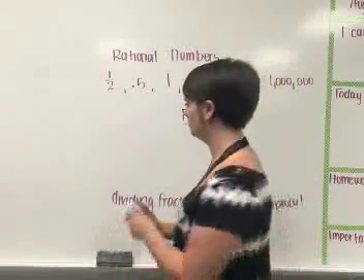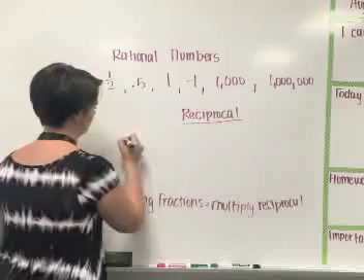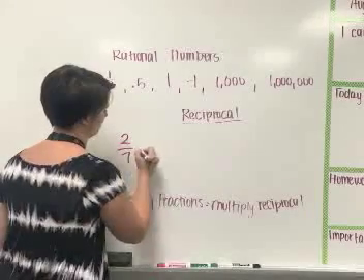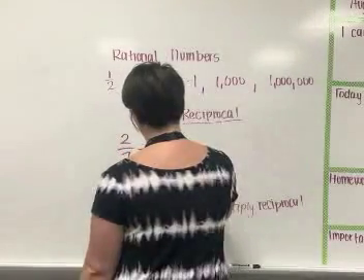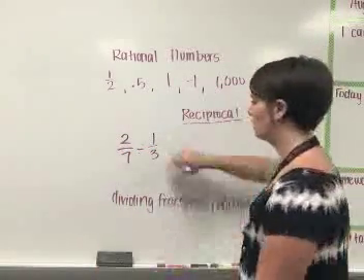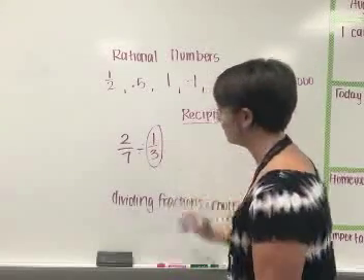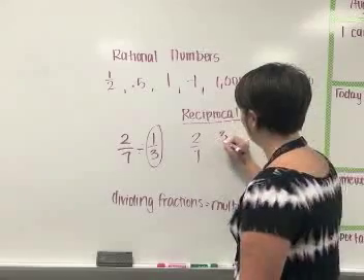Just follow along. So let's say I have 2/7 divided by 1/3. Now I set them up side by side. What's my next step? I flip my second number. So 2/7, and then I have 3/1.